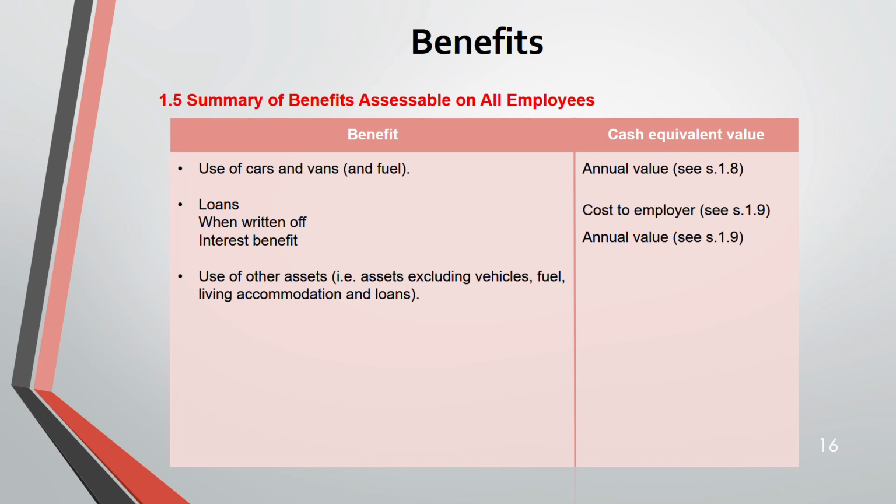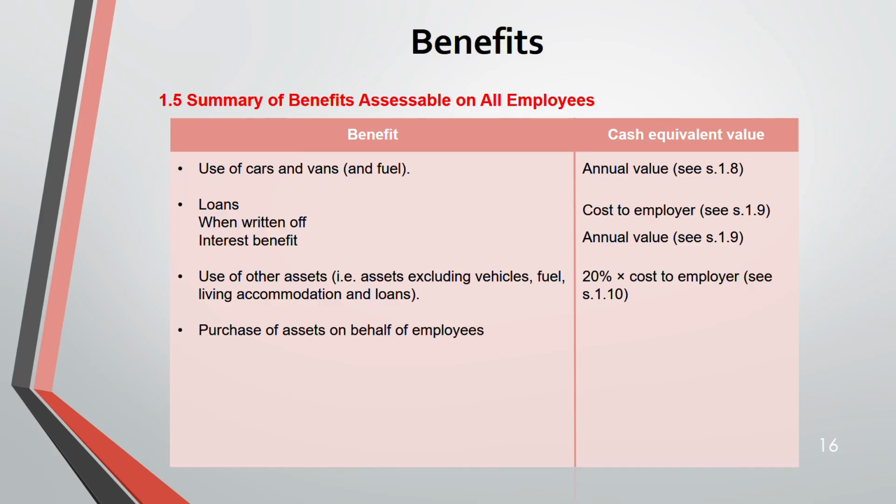So the interest benefit is the annual value. Section 1.9 again. Use of other assets. Remember, these other assets will not include living accommodation, loans, vehicles, or fuel. Why? Because for them we have other rules. Other than that, for any other asset, let's say a computer, take 20% of the cost to the employer. We'll see section 1.10 for it.